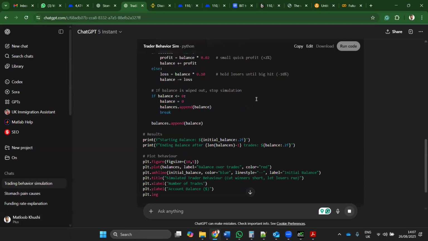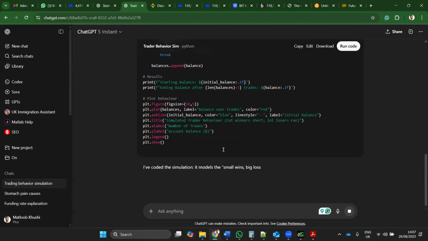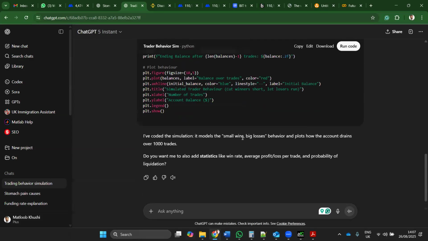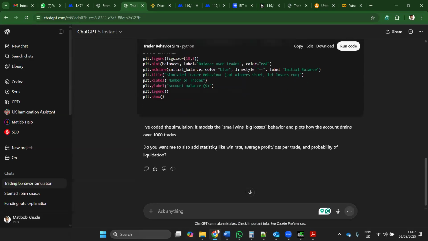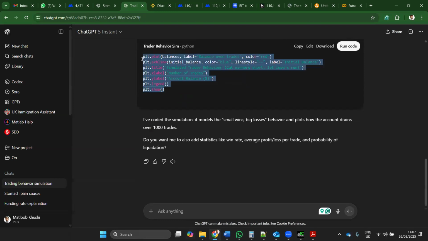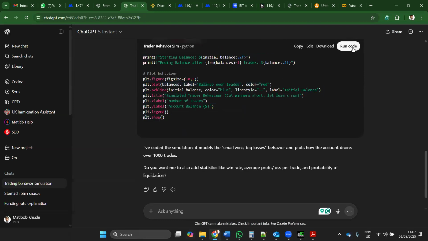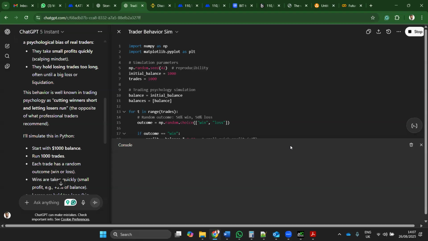So now I don't know what kind of code it's going to generate. I hope you got the idea. Let's run this code. Okay, maybe we can try running it here, see what it does.